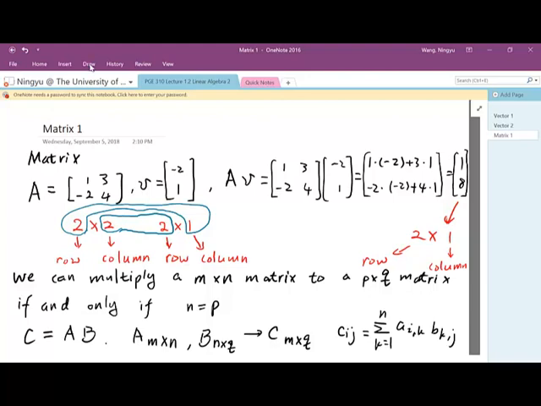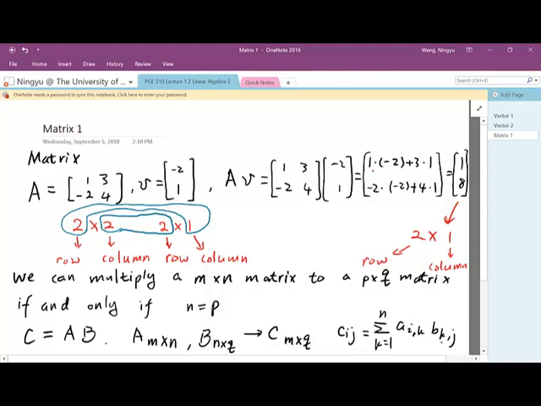We can try to perform this here. So let's see. This is i equals 1 and j equals 1. So this is the first row and the first column in our result C. So the first row, and so let's do i equals 1, k equals 1, A11 is 1 here.